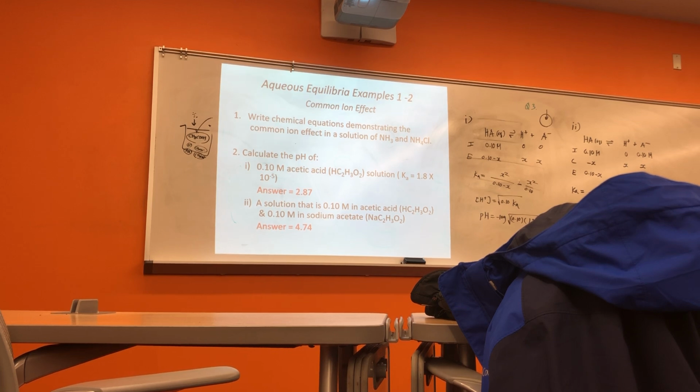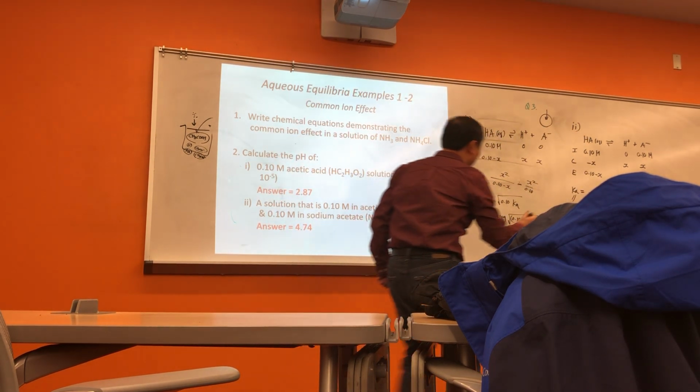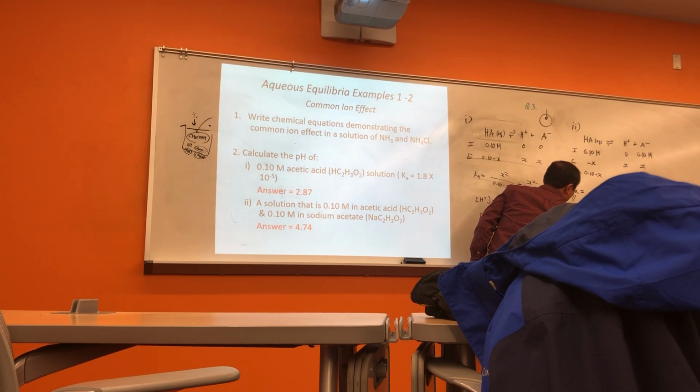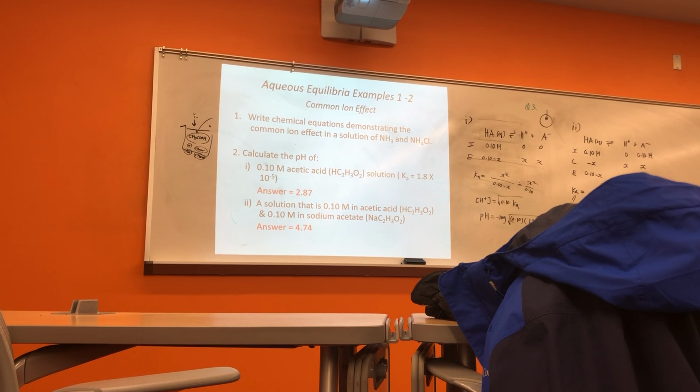Of course, at the same time, this guy. Therefore, and Ka was given as 1.8 times 10 to the minus 5. So because we know H plus, we can find the pH equal to negative log H plus.